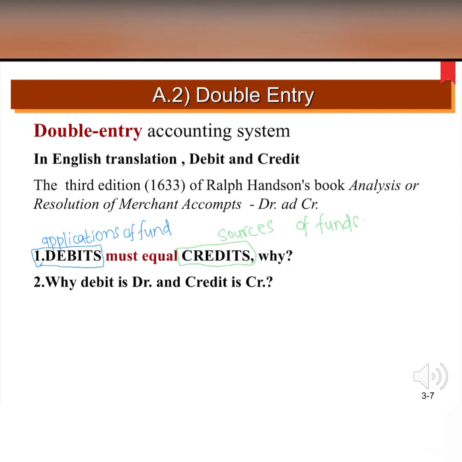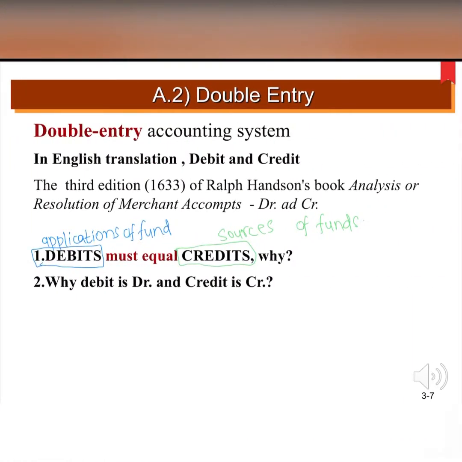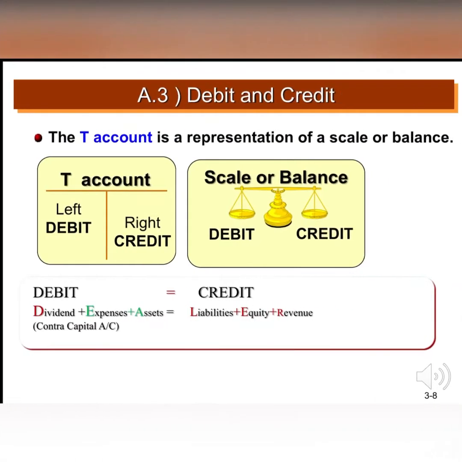Okay, the second question is why debit is DR and credit is CR. Many people believe that because debit's Latin name is debere, it is DR. The same applies to credit.